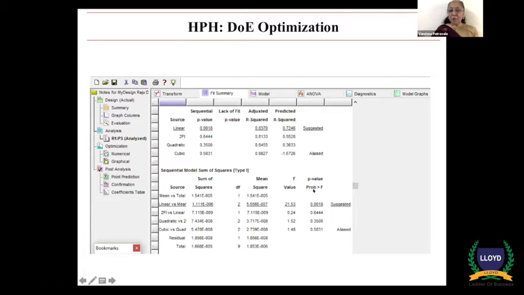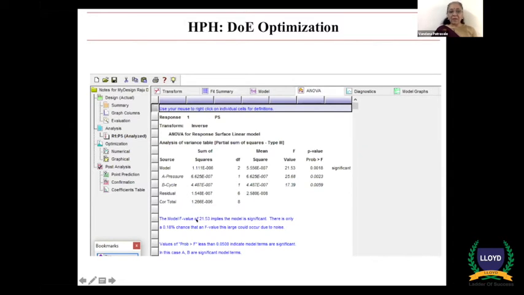And this probability value, P value, if it is less than 0.05, it does indicate that the model is the correct one. So in the case of linear, you can see the F value is very high and the probability value is also less than 0.05. So that suggests that the model F value of 21.53 implies that the model is significant. And there's only a 0.1% chance that an F value this high can actually happen due to error.